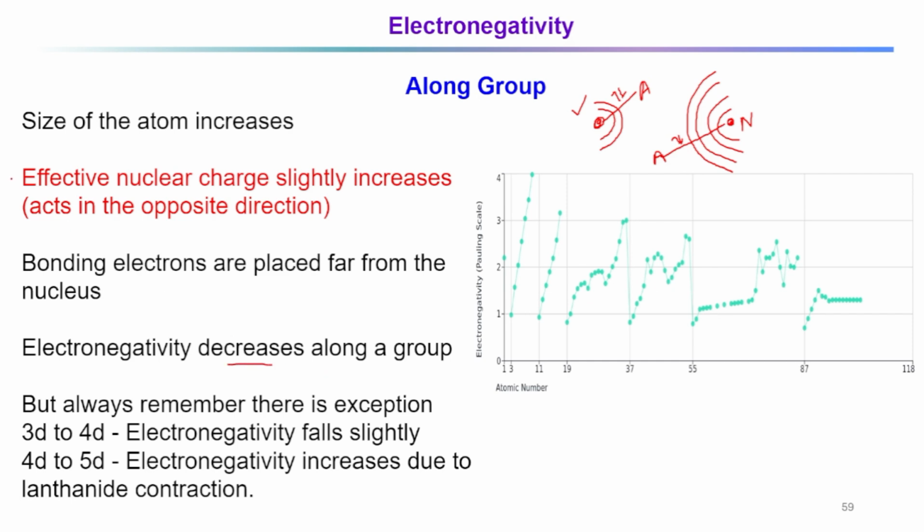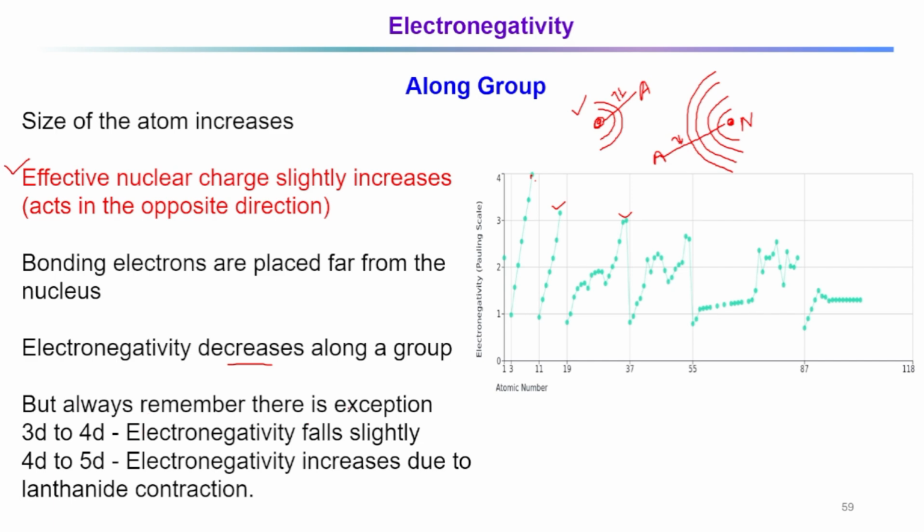Now here is one more point: effective nuclear charge slightly increases, which acts in the opposite direction, but it's a minor effect. If you see fluorine, then chlorine, then bromine, these elements show that as you go from top to bottom along the group, the electronegativity decreases.